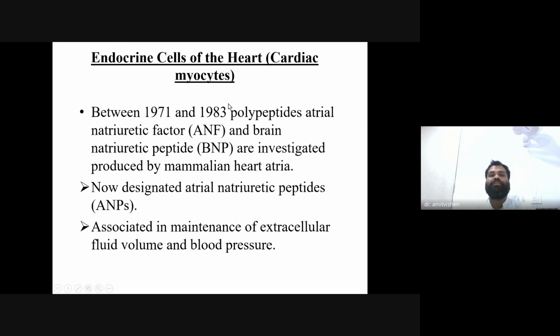Now let's talk about the endocrine cells of the heart, the cardiac myocytes. These are endocrine cells, but are present in a non-endocrine organ.